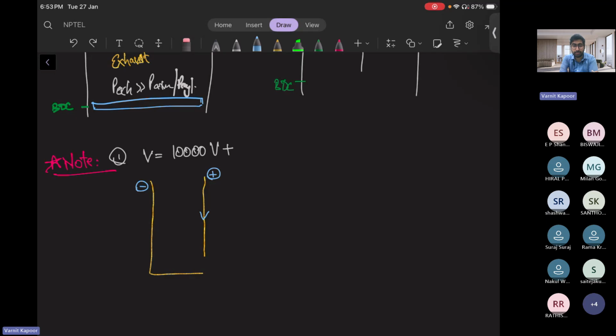But the gap is maintained in such a way that we apply a very high potential, and that high potential allows the electron to jump from this state to this state. This gap is not in meters or even 1 centimeter; it's very small, in mm.